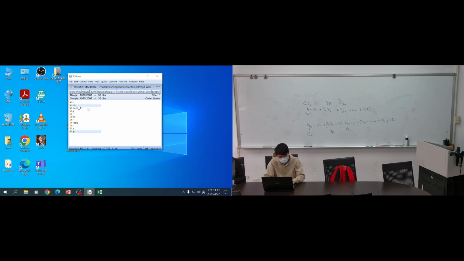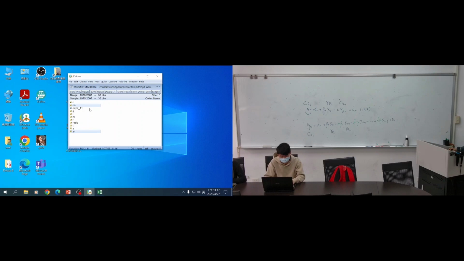Then I'll do it again with the distributed lag model, which is 12.12, and it shows 3 lags only. So I'm doing the same thing as the textbook shows.